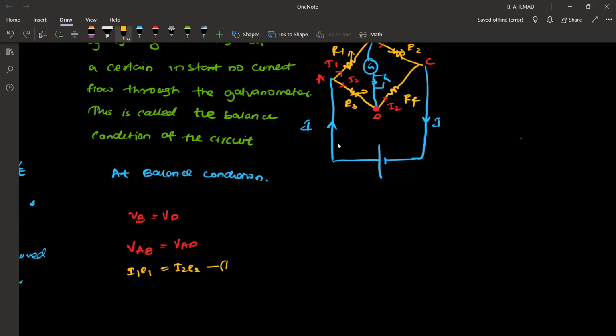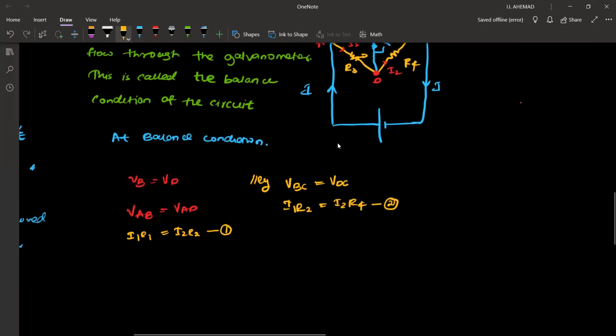So that's the first equation. Similarly, we can tell that VBC is equal to VDC. So VBC is I1 into R3 and VDC is I2 into R4. So that is the second equation.